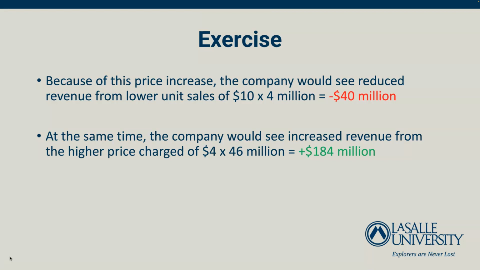At the same time, this company sees increased revenue from the higher price charged, so for the 46 million customers to continue to buy this product, they're now paying $4 more each for that product, and that leads to an increased revenue from the price increase of $184 million.